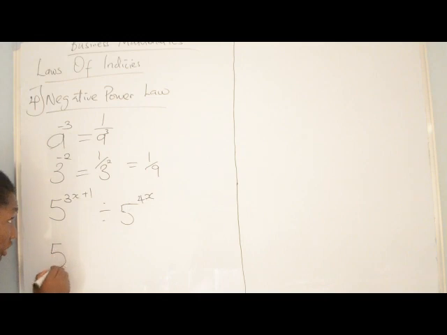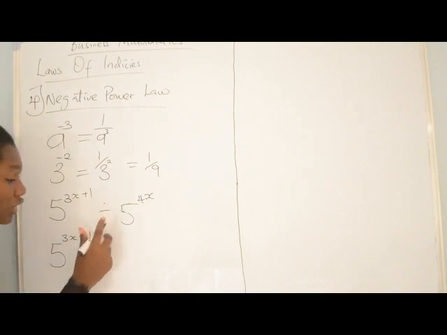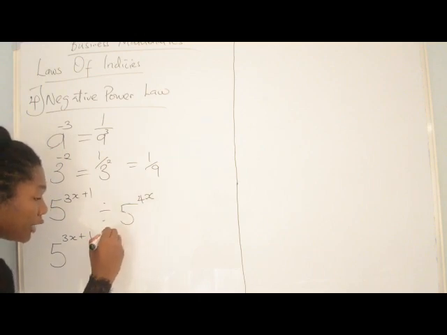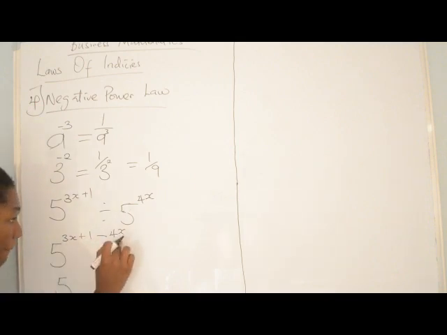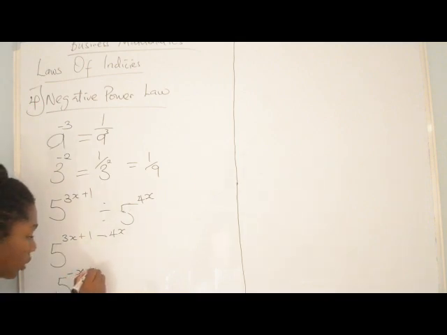According to our division law, since the bases are the same, we simply subtract their powers. So we'll be having 5 raised to power 3x plus 1, and because of division, we now have a minus 4x. Collecting like terms, we'll be having 5 raised to power minus x plus 1.